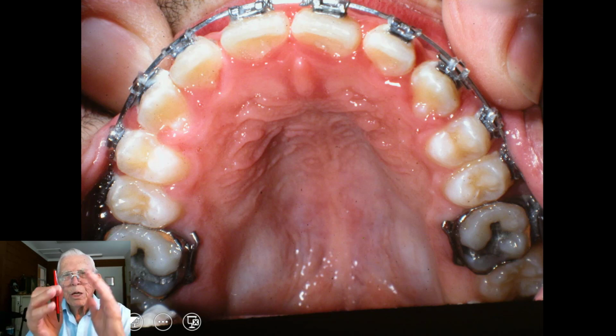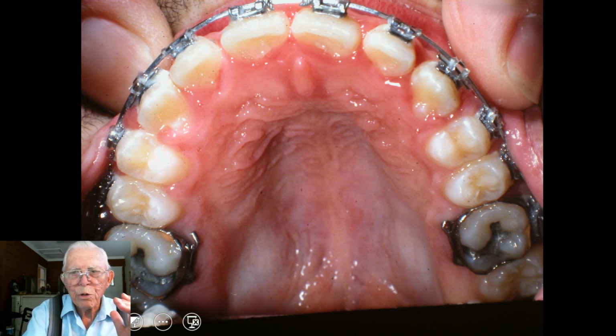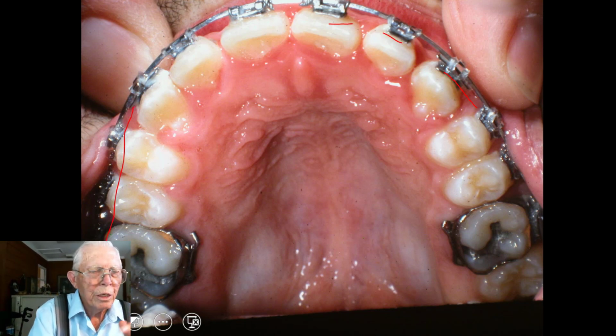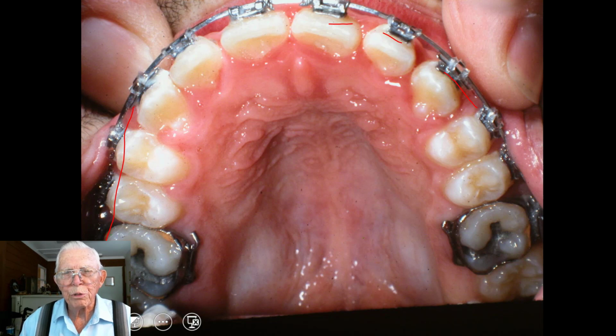So as you expand the arch in this direction, put this buccal root torque in the arch wire, and it tends to bring the roots out. And if you need more force, you tie one of these large arches on here, and it'll expand anything. I've never run into an arch you couldn't expand with it. It didn't matter how old they were either.